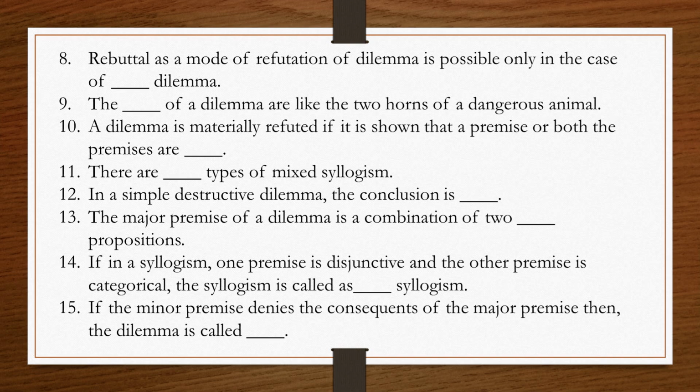The major premise of a dilemma is a combination of two hypothetical propositions. If in a syllogism one premise is disjunctive and the other premise is categorical, the syllogism is called a mixed disjunctive syllogism or disjunctive categorical syllogism. If the minor premise denies the consequent of the major premise, then the dilemma is called a destructive dilemma.